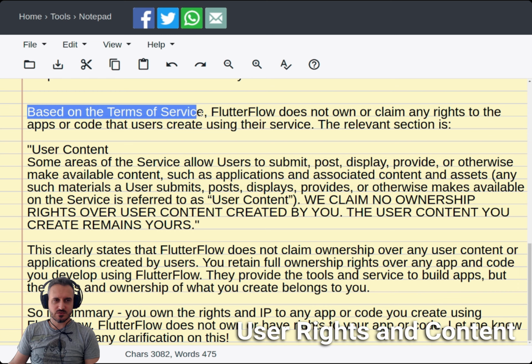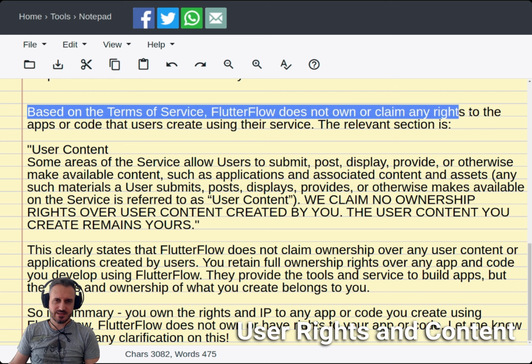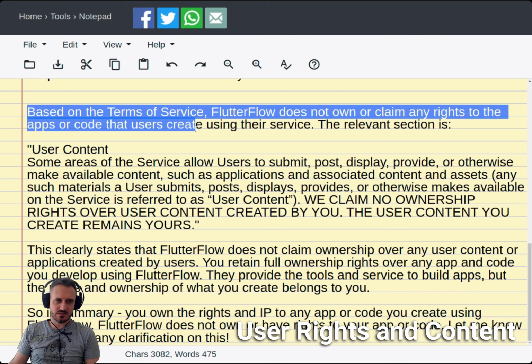Based on the terms and conditions, Flow does not own or claim any rights to the apps or code that users create using their services.